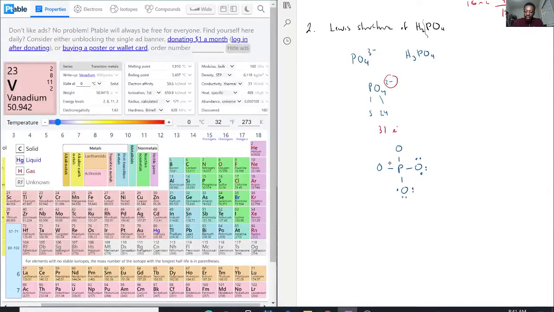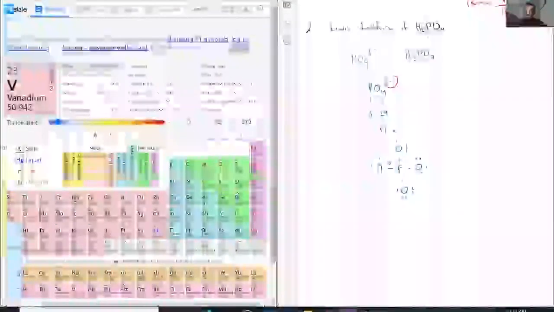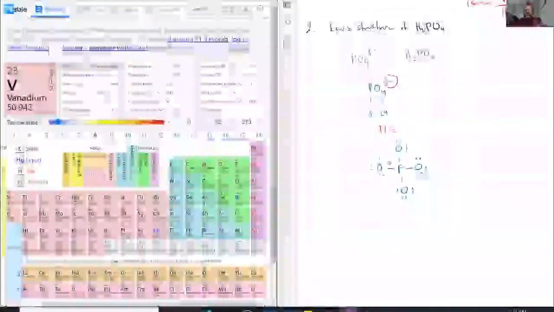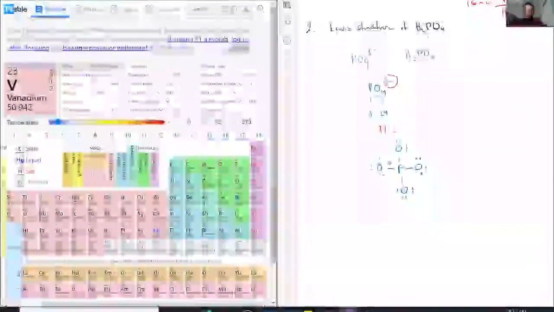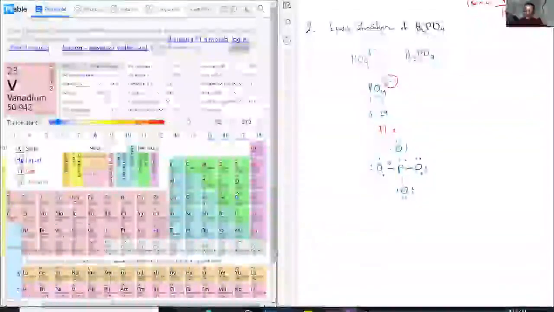And phosphorus, on the other hand, is right now sharing, just make sure I'm counting this correctly, it's sharing 4 of its 5. So we just have an extra one there.